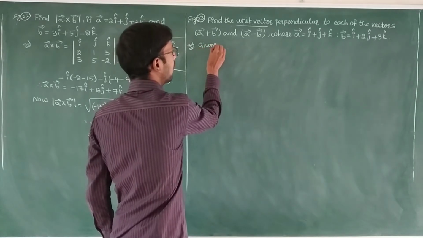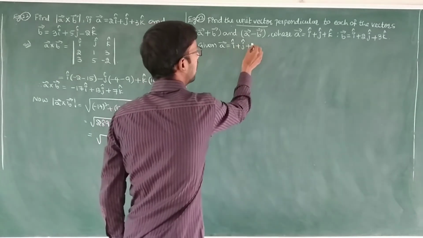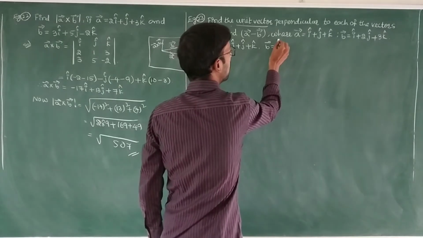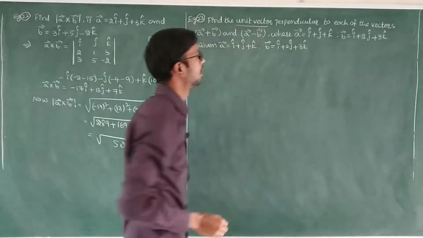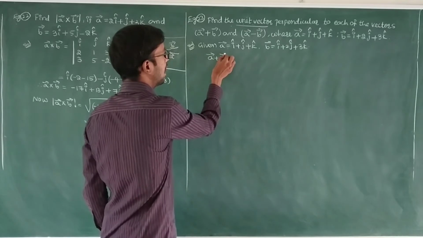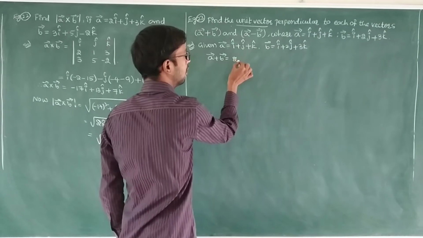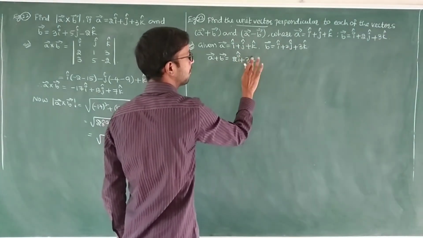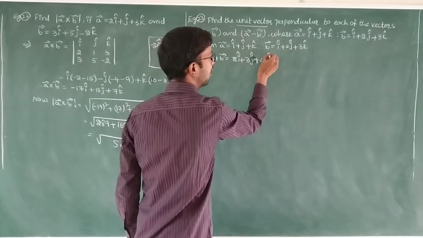Given A bar equal to i cap plus j cap plus k cap, B bar equal to i cap plus 2j cap plus 3k cap. So now A bar plus B bar is equal to i plus i is 2i, j plus 2j is 3j, k plus 3k is 4k.